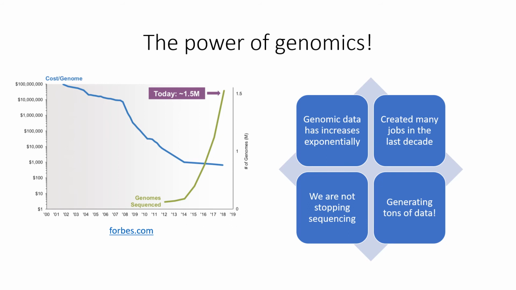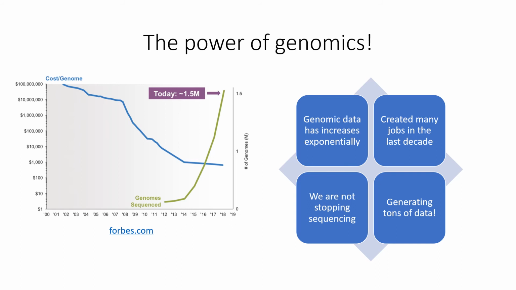In the graph on the left side, you can see that when the Human Genome Project started, the cost of genome sequencing was very high. With the passage of time, the cost of genome sequencing kept getting lower and lower, and now it has come to $1,000 per genome on average.